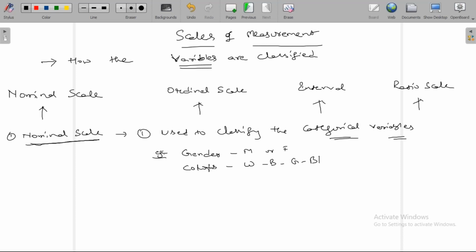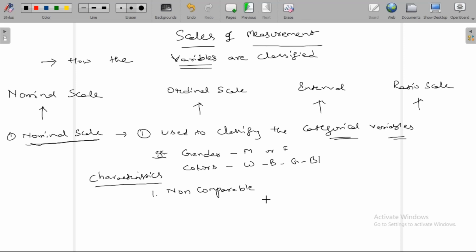That is why they are called non-comparable values. The second one is that we cannot have any mathematical operations. Can we have any mathematical calculations on male or female or the colors? We cannot, isn't it? That is why mathematical operations are not possible.